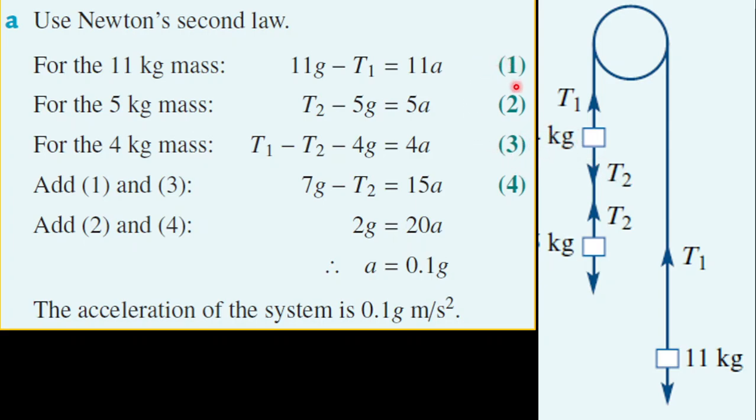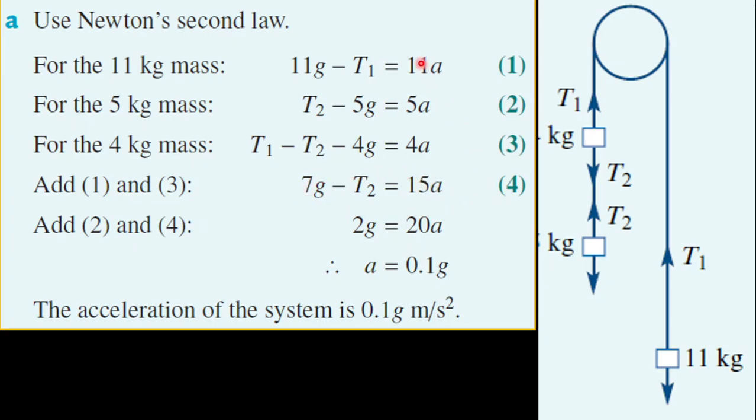So we have three equations, and different ways of solving those. Here what they do is add equations 1 and 3 so that something disappears. We eliminate T1, so that gives us only an equation in T2.